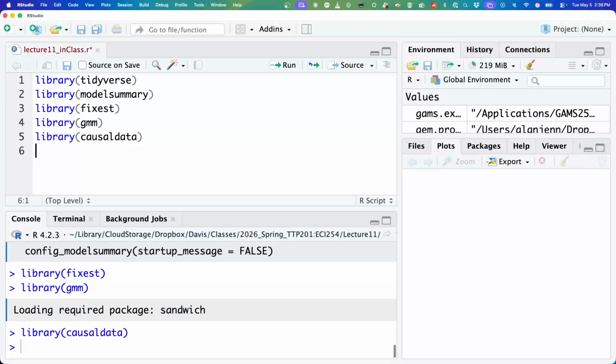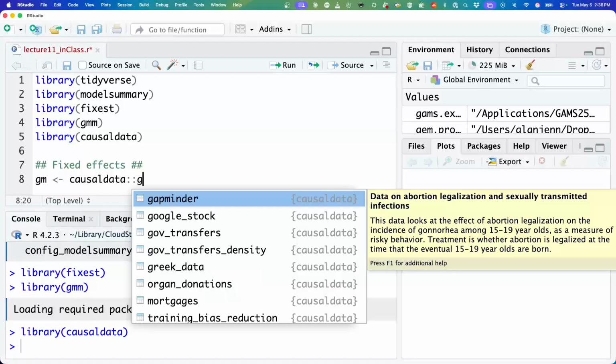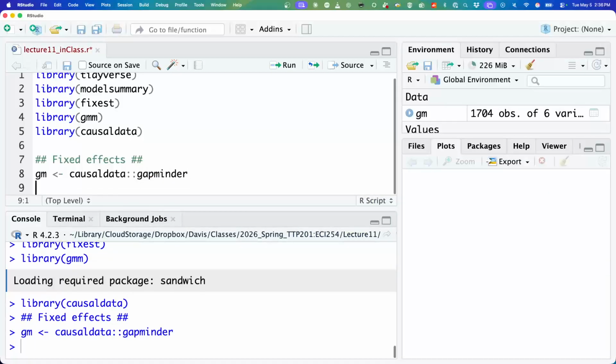GMM we've used before, and then causal data is where we're going to get some of our data sets. So we're going to start with our example of fixed effects. We're going to draw from causal data. There's a data set called Gapminder.